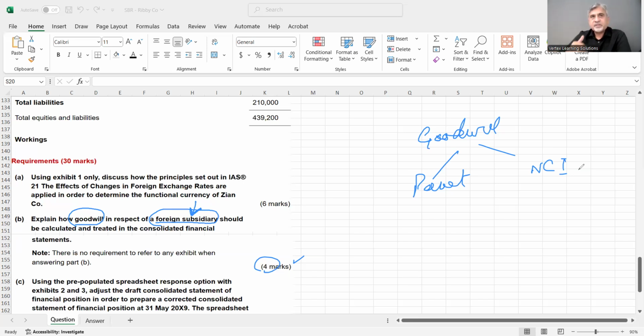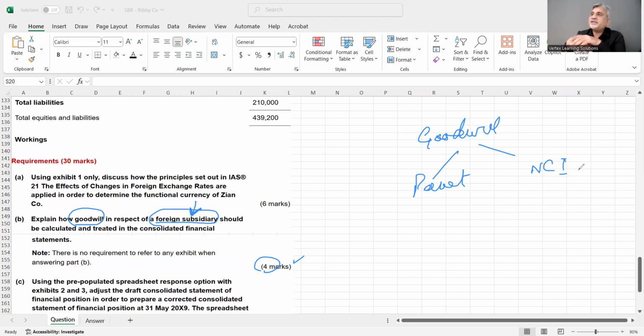In case the NCI is measured at fair value, then we have to allocate a part of the goodwill to the non-controlling interest as well, in proportion to their ownership. For example, if the non-controlling interest is 40%, then 40% of the goodwill is charged to NCI, and 60% is taken by the parent.